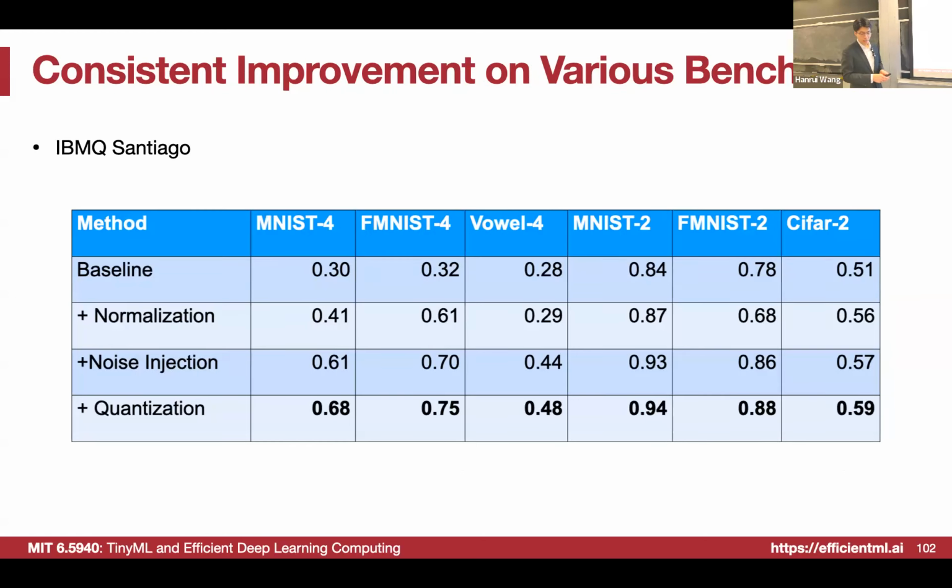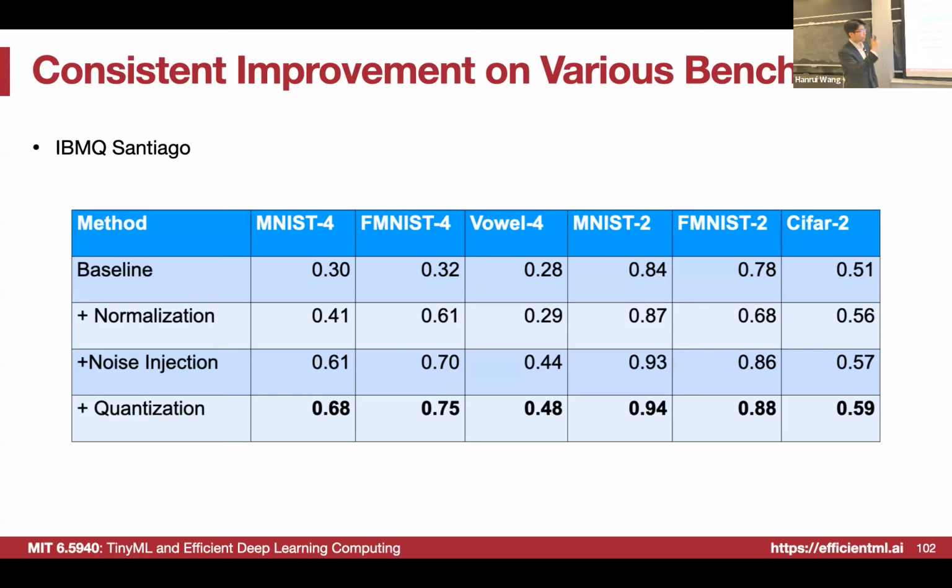Okay, so now we can have a look at the performance using this noise mitigation technique. The evaluation framework we are using is MNIST for classification, and also FMNIST, which is Fashion MNIST, with shoes and clothes, a little bit more complex than the handwritten digits. We also have vowel classification, MNIST2, and CIFAR classification.